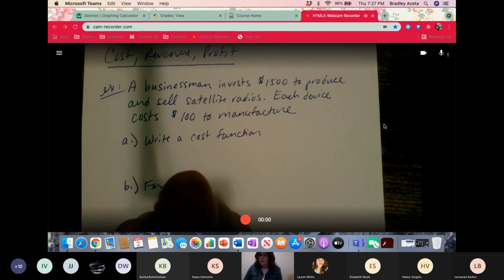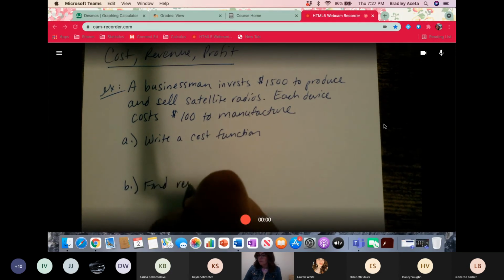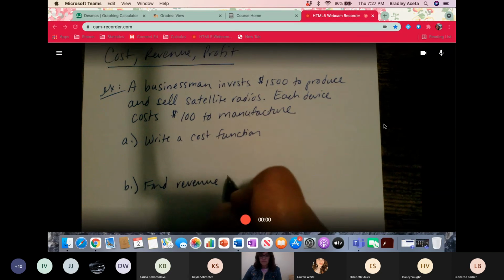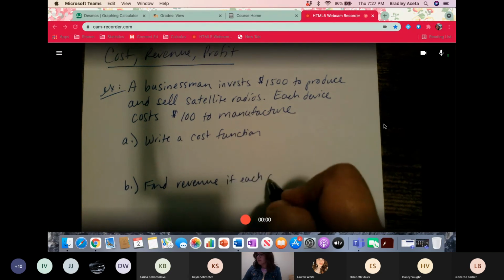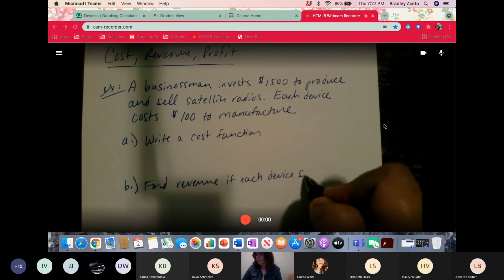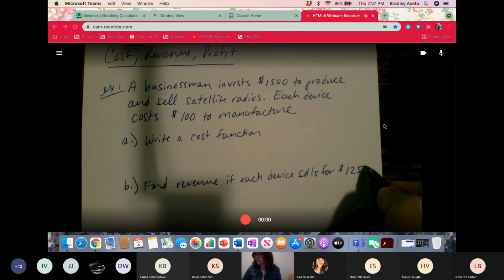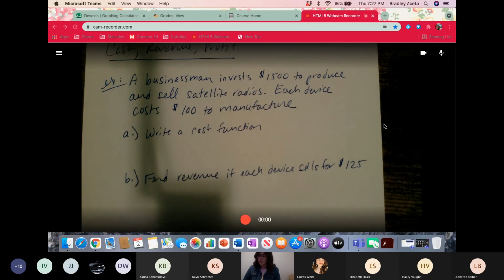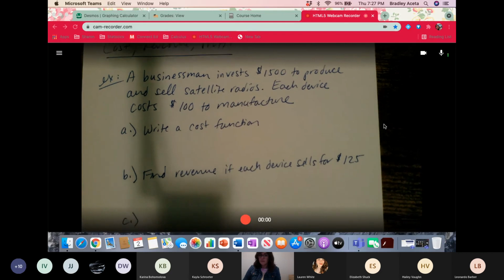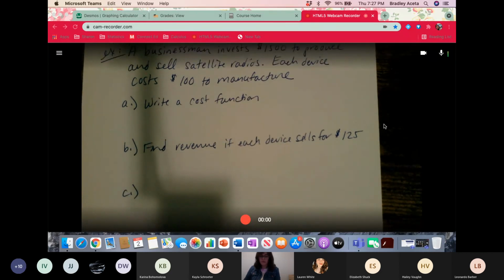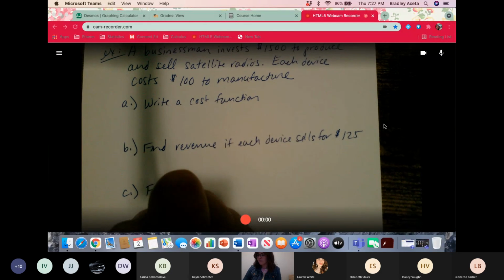You are going to find the revenue if each device sells for $125. Part C, you're going to find the profit function.